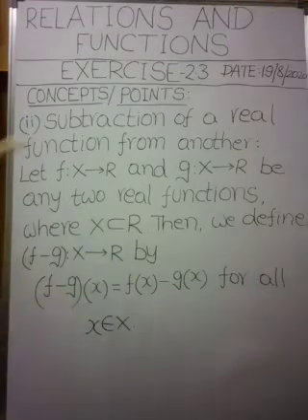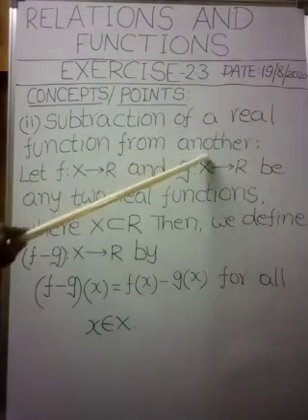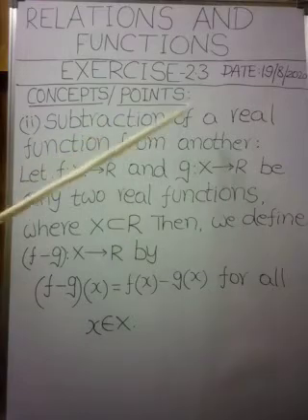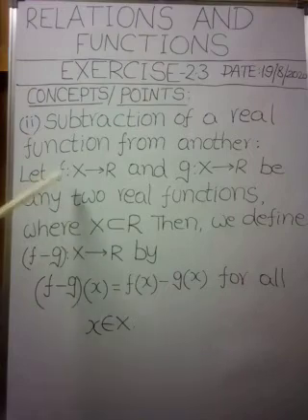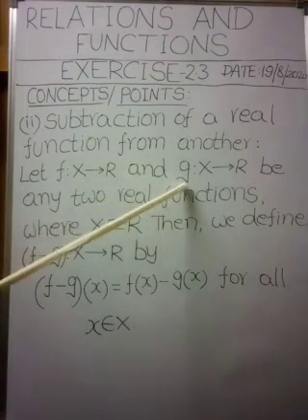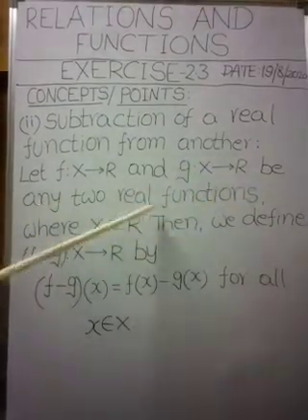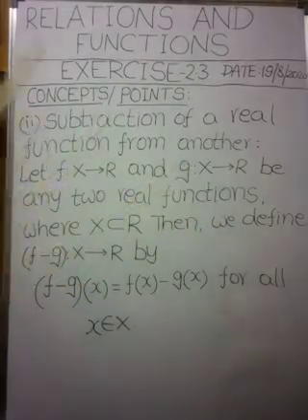Now come to the second one. Subtraction of a real function from another. Here we are defining subtraction of a real function from another. Let f be a mapping from X to R and g be a mapping from X to R, any two real functions.